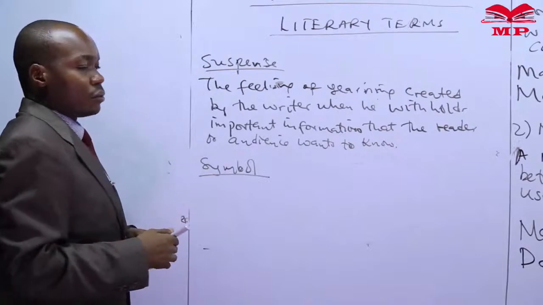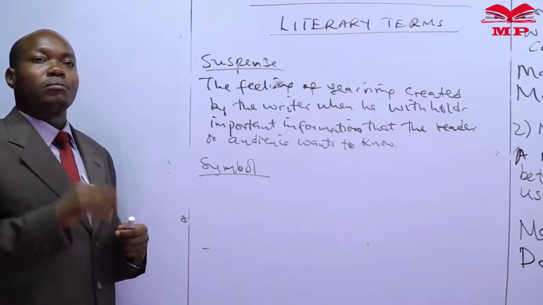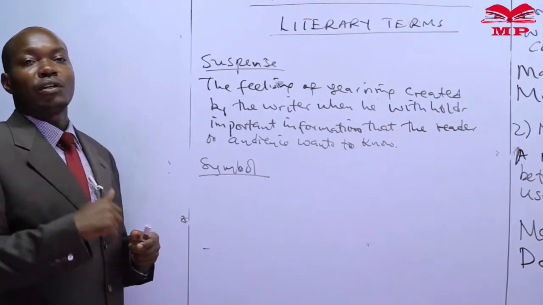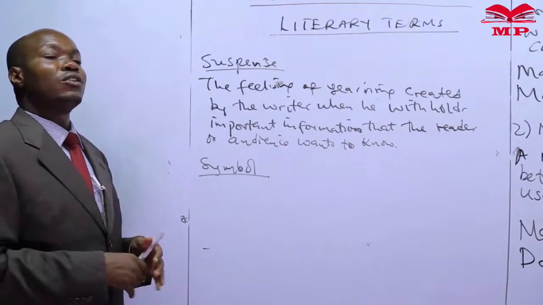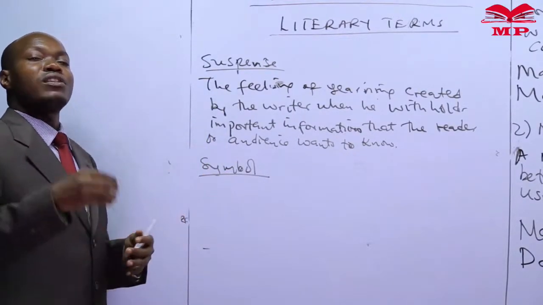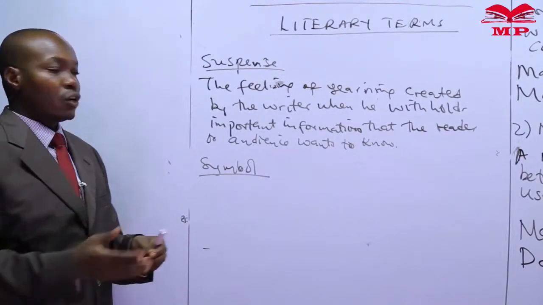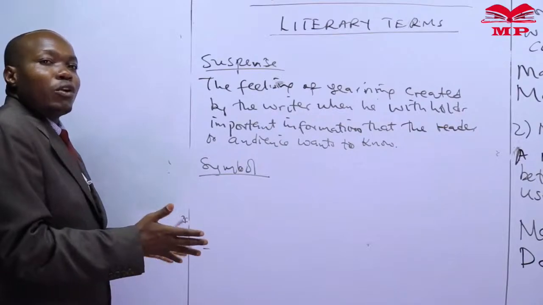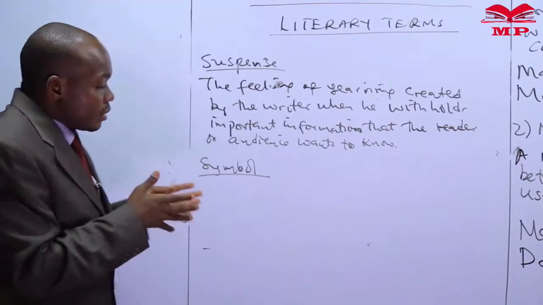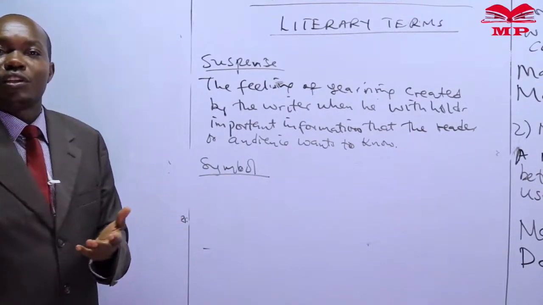We even know this from our colors. We know black color. Black means what? Means two things. The color of our skin. And that's why if you look at our national flag, we have black color, which stands for our skin, Africans. So black is a symbol of the African spirit. There is red. Red stands for the blood that was shed.